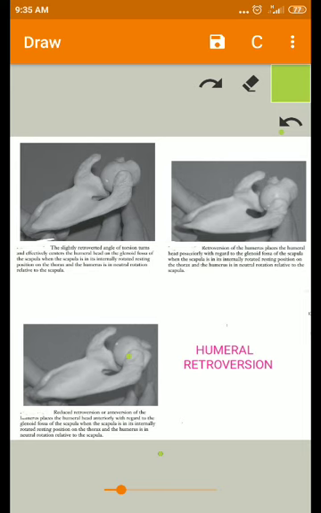In the case of more posterior, which range was increased? Lateral rotation is increased. Now in this case, which rotation is increased? Yes, the medial rotation range of motion of the humerus is increased and the lateral rotation range of motion is decreased.